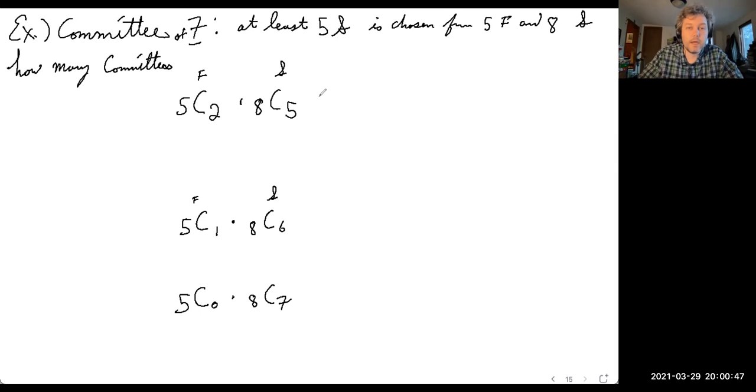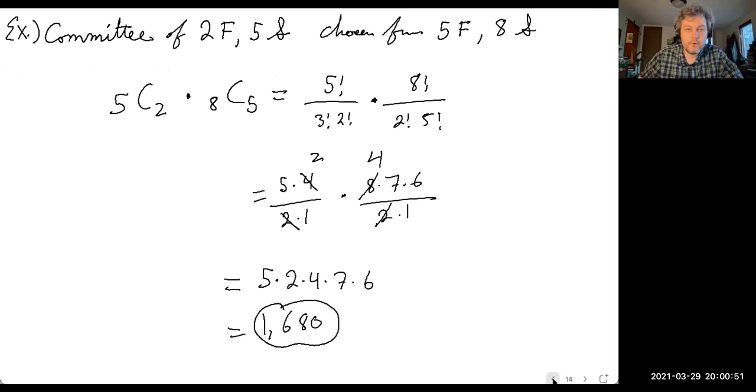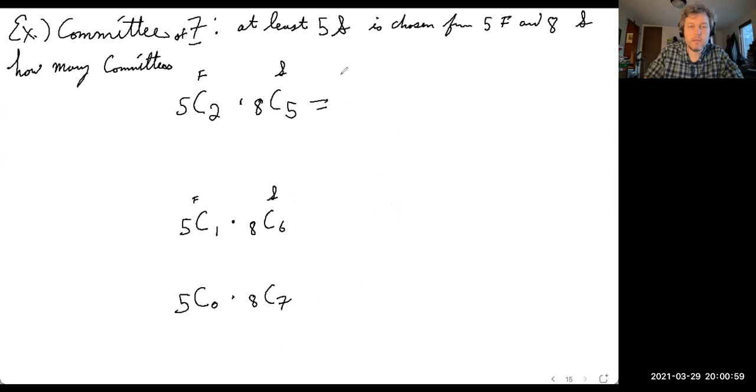Now we have to actually calculate this. Have we calculated 5 choose 2 before? Yeah, we sure did. In fact, I think we did this exact problem. So that's 1680. So I'm going to copy that because we already did it. Now, 5 choose 1 is just 5. We talked about that earlier. If you have anything choose 1, it's just that number there. 8 choose 6.